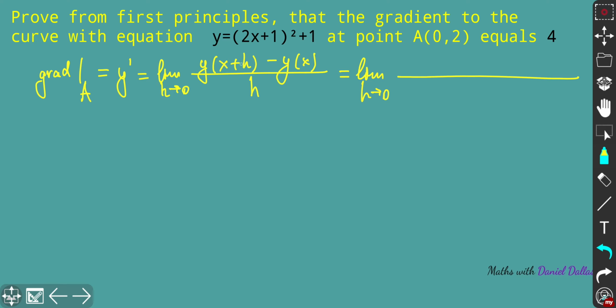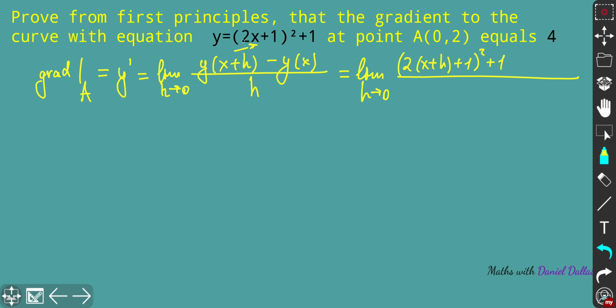So if we plug x plus h inside there, we'll get 2 times (x plus h). Be careful here. It's more about how accurate you are in rearrangements. You square this up, and on top of that you add 1.